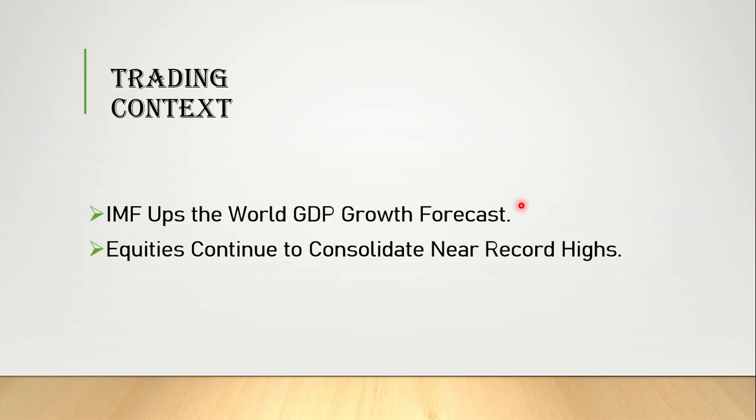And given the other important factor of the picking up of the vaccination drive, that is also going to contribute, and as a result of these two positive influencing factors, the IMF has upped its GDP growth forecast.